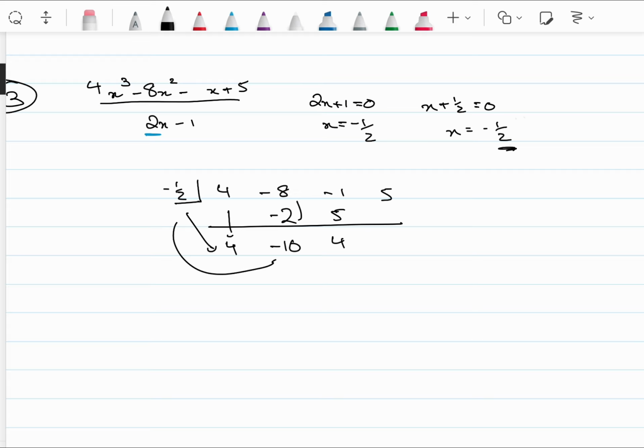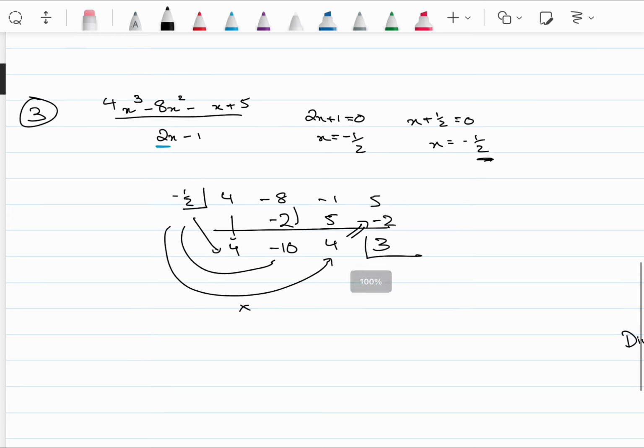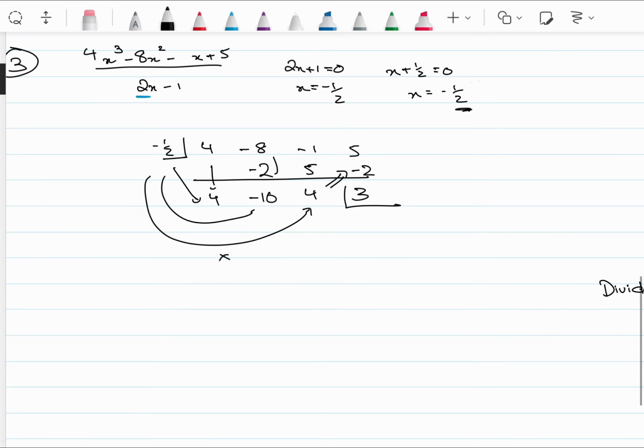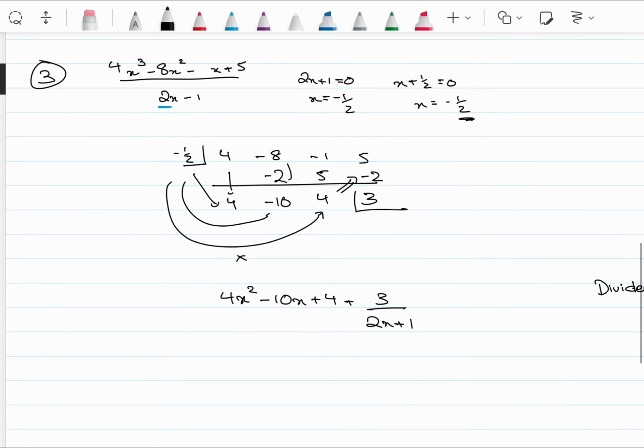It's just multiply, add, repeat over and over again. And your last term is still your remainder. So we get 4x squared minus 10x plus 4 plus 3 upon 2x plus 1.